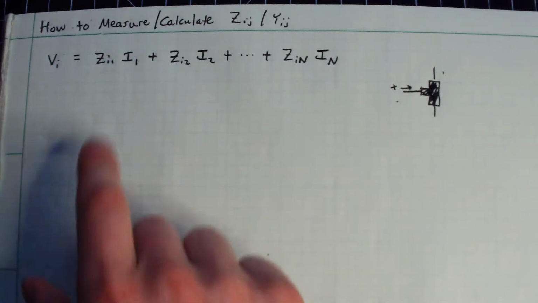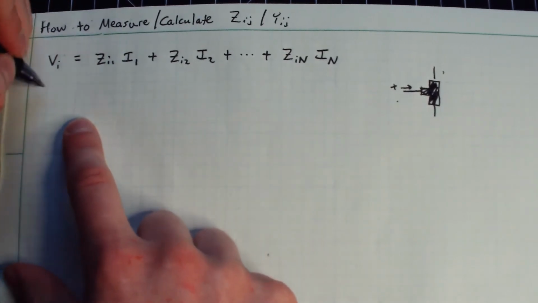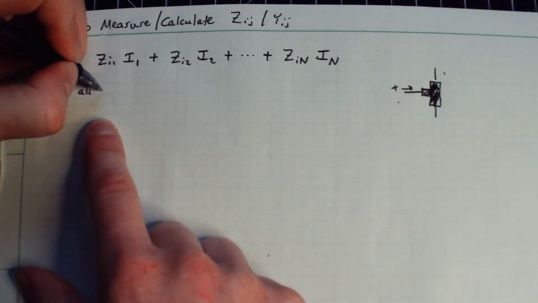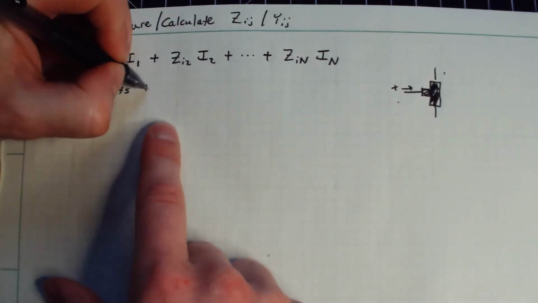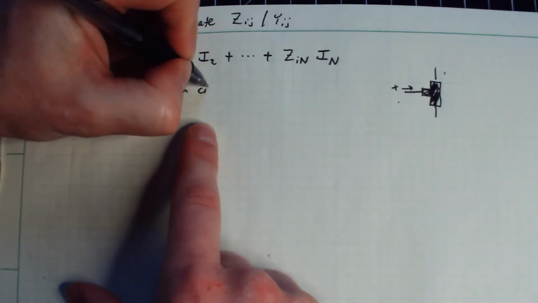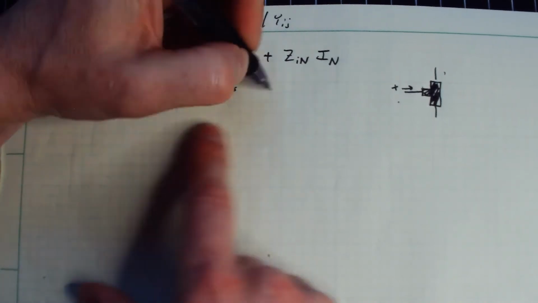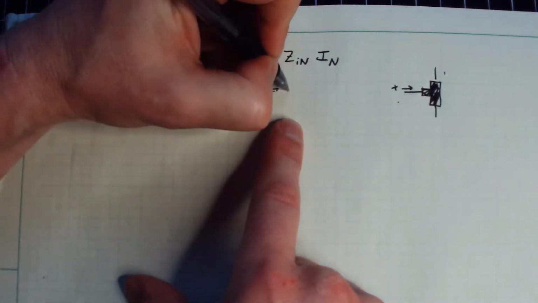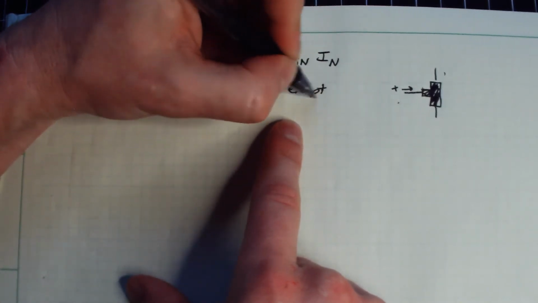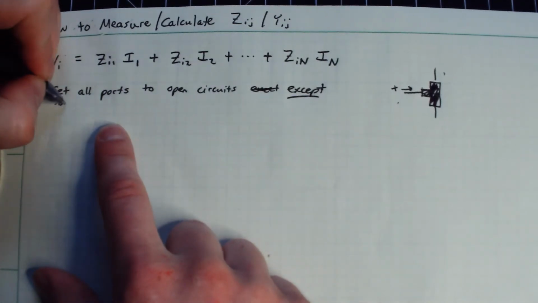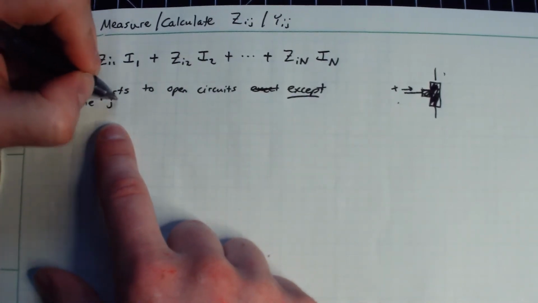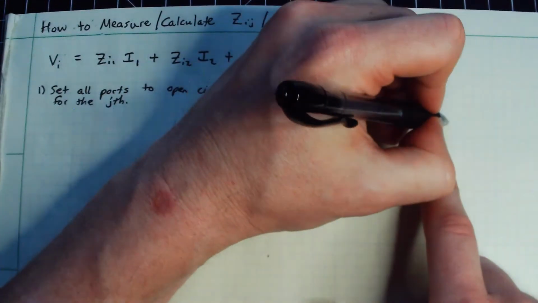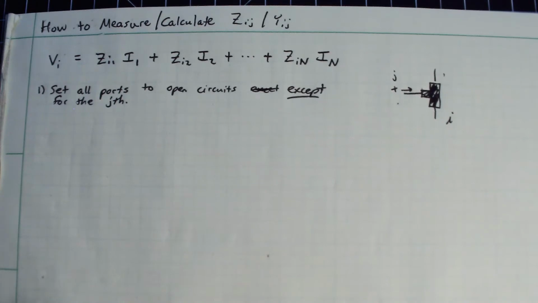That would tell me all the information I need to know about what's going on between all of the ports. So what you would do is, step 1, set all ports to open circuits except for the jth, the one I'm interested in. So this would maybe be the jth port here, and this might be the ith port over there.